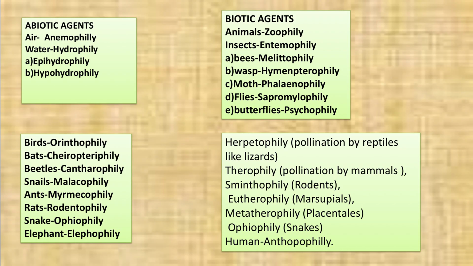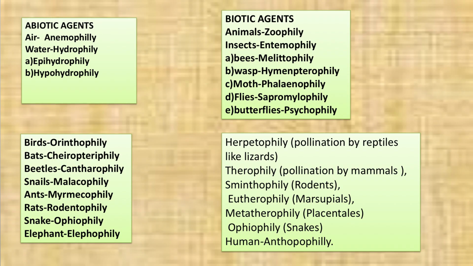When the pollination takes place by some biotic agents, some living organisms, that is biotic pollination, and several terms are assigned to that: animals, zoophily; insects, entomophily.